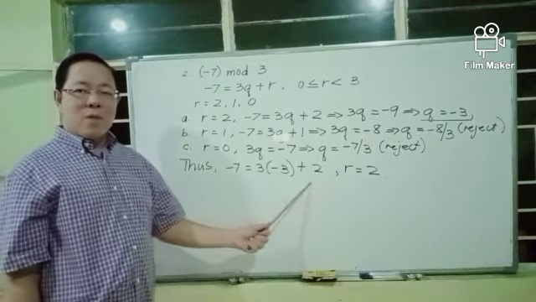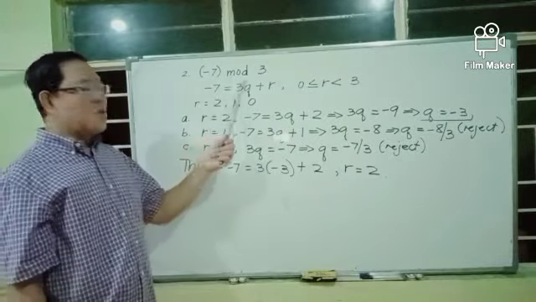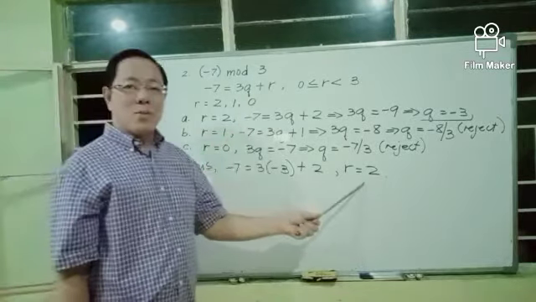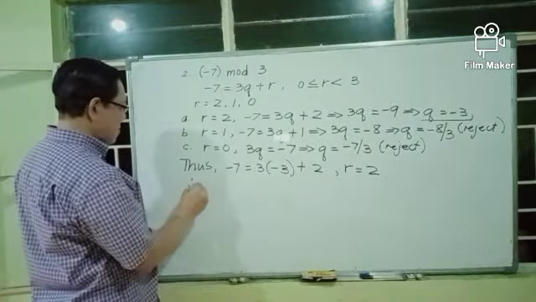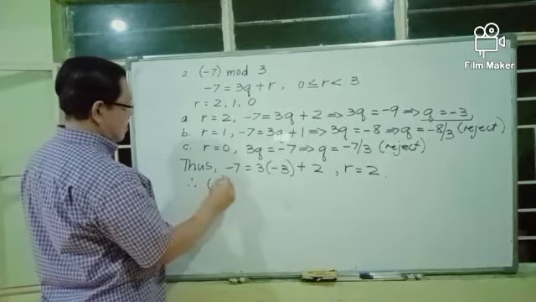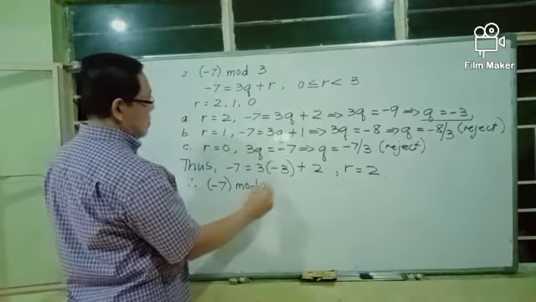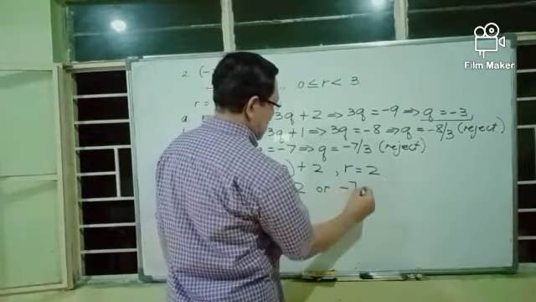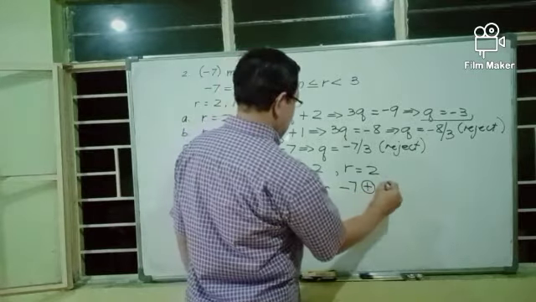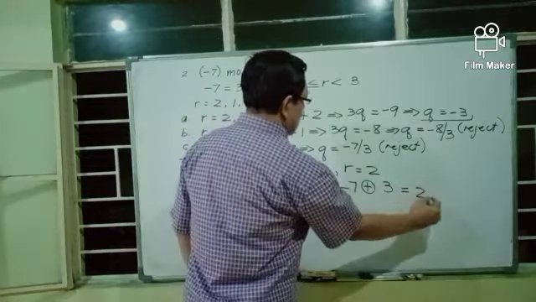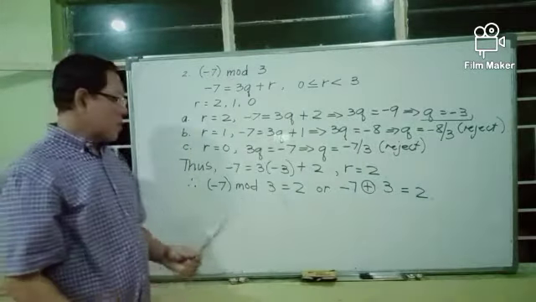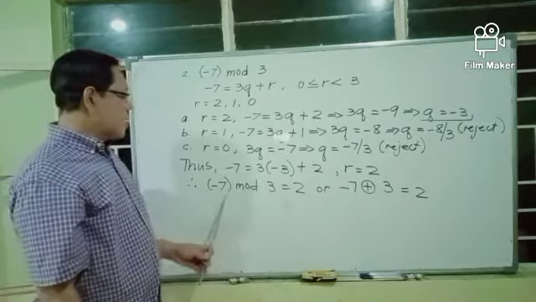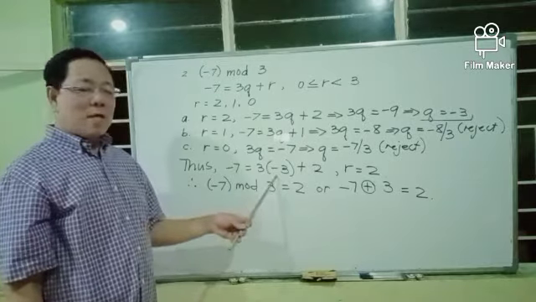We conclude that the value of negative 7 modulo 3, the remainder when negative 7 is divided by 3, is 2.